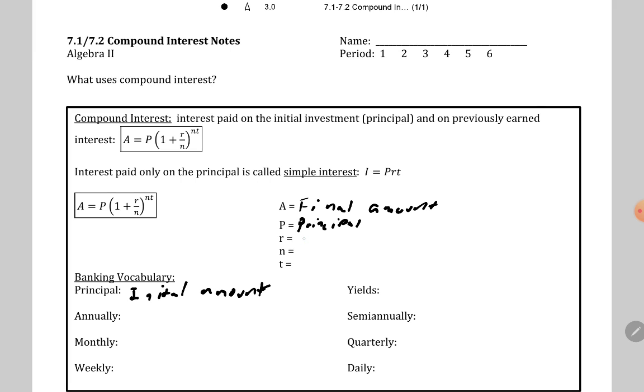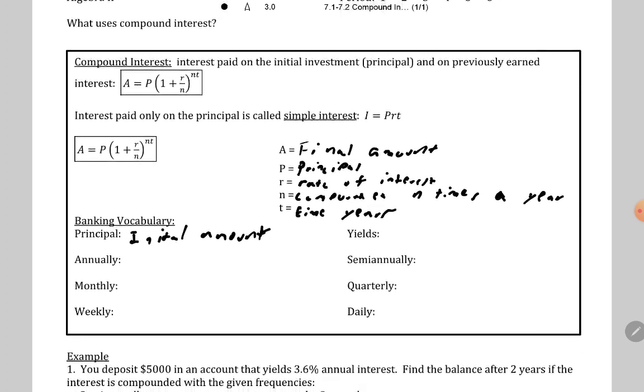R is your rate of interest. N is how many times it's compounded, so compounded N times a year. That's how many times they apply the interest. T is time, usually in years.